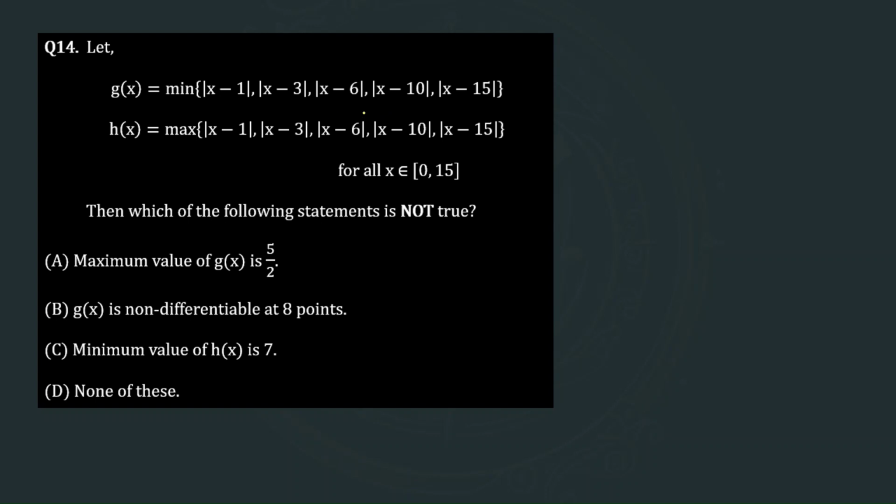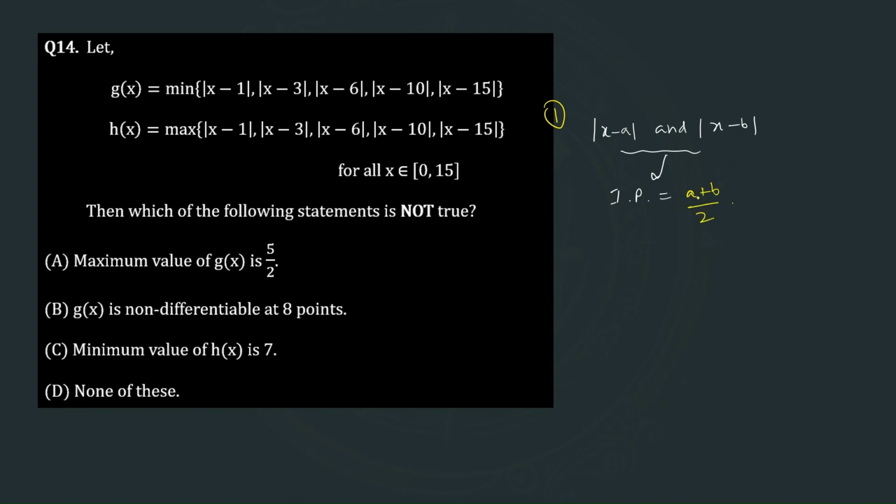Now, to draw the graph of these functions, let us quickly note some interesting points. So point 1: if we are to calculate the intersection point of two graphs, modulus of x minus a and modulus of x minus b, then their intersection point will always be equal to the arithmetic mean of a and b, so (a plus b) by 2.